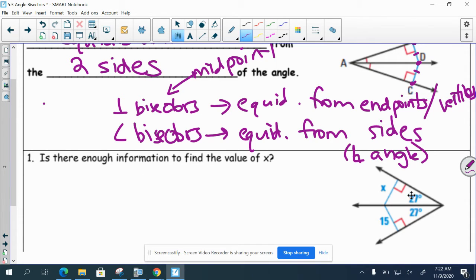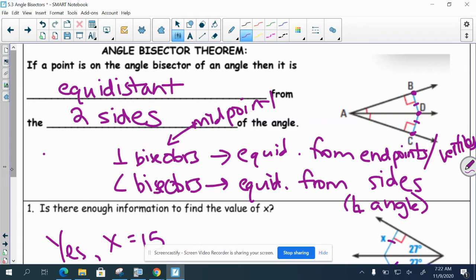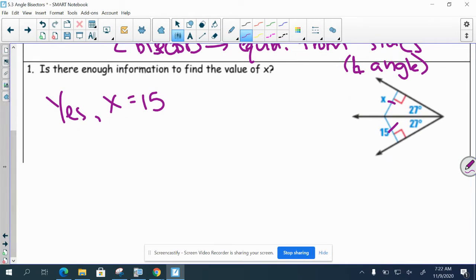So here, we know that this would be an angle bisector, this ray, and we know that this is a perpendicular line, so it's the shortest distance. Therefore, from the angle bisector theorem, we can say that it's equidistant, so x would be 15.